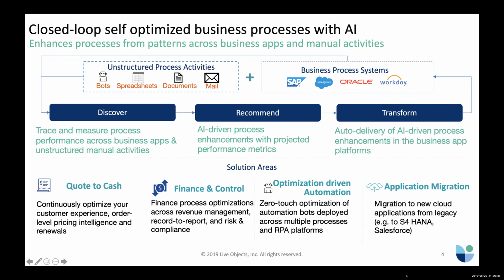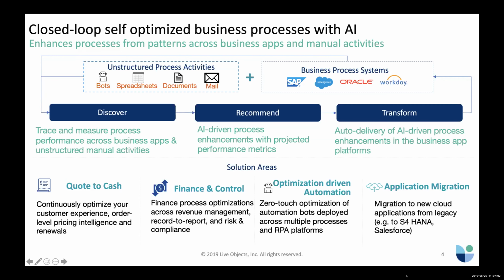So that's where the closed-loop self-optimizing business process adds value to any business process. But today we would talk specifically about quote to cash, how businesses and users can leverage the LiveObjects platform for their existing or new quote-to-cash implementations, whether it's an upgrade, a new implementation, or a migration from one tool to another tool.